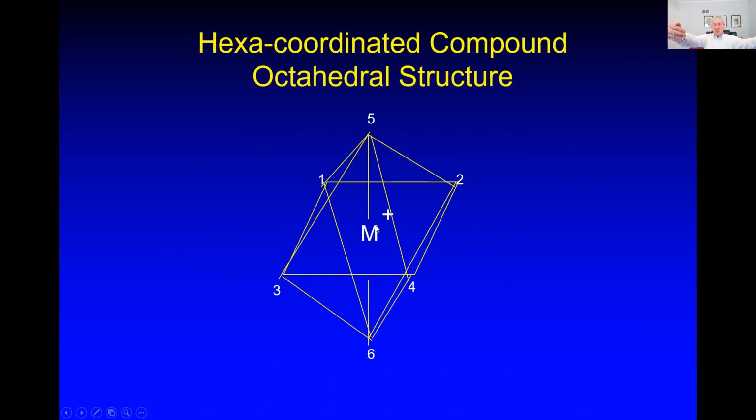So imagine here is a plane with a pole sticking up the middle of it. So binding sites number 5 and 6 are top and bottom, and 1, 2, 3, and 4 are in the plane. Now, 6 binding sites are always required. It doesn't matter if there are more. If something has 10 binding sites, it's only going to use 6 of them.